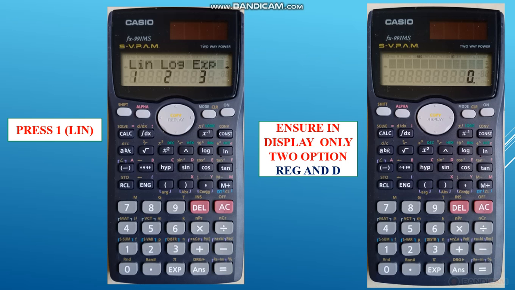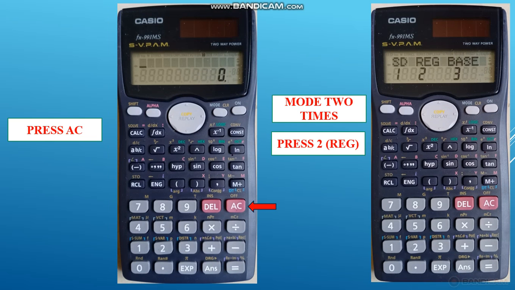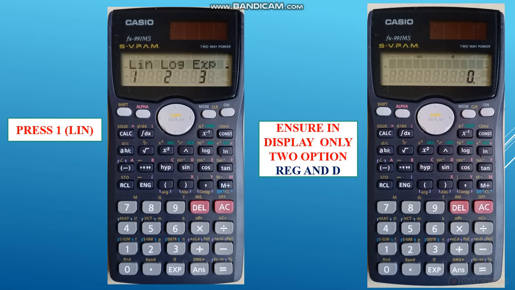First, you press mode 2 times. If you press mode 2 times you will get SD, REG and base. After that you press 2, that is REG. After pressing REG you will get the options LIN, LOG and EXP.